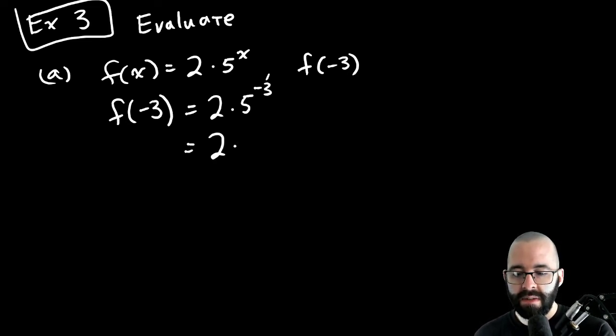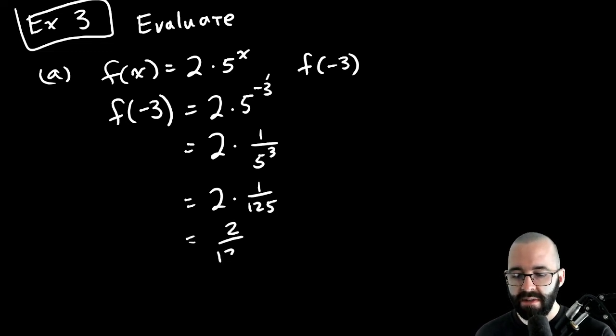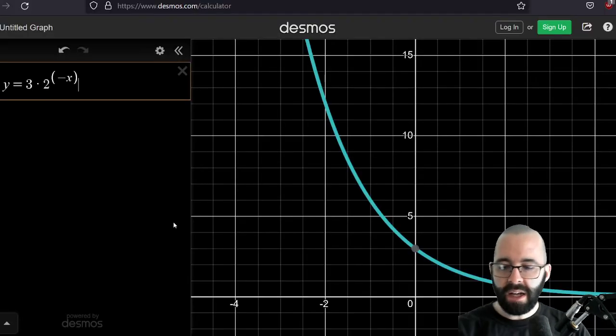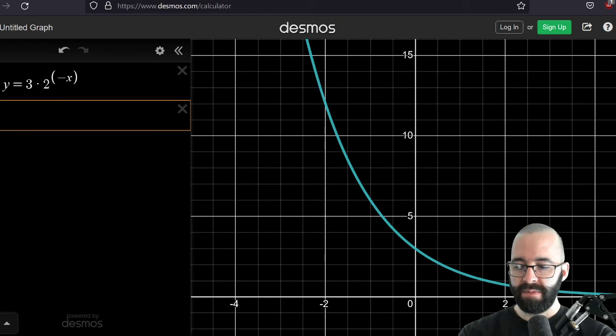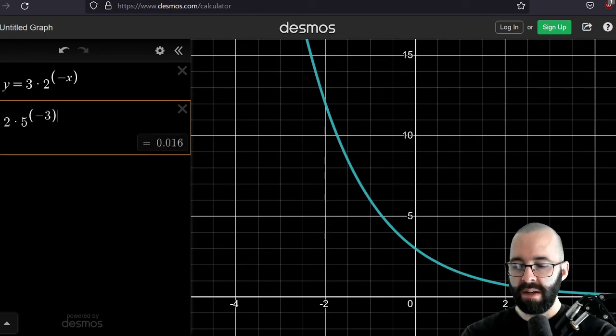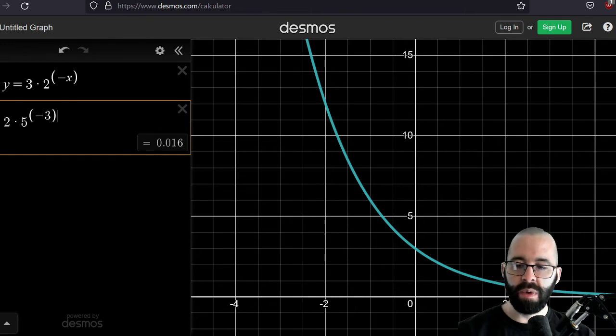Negative exponents means reciprocal. 5 cubed is 125. We'll get 2 over 125 is our exact answer. Or you can type it into a calculator, right? Desmos helps us as well. 2 times 5 raised to the -3 is 0.016.